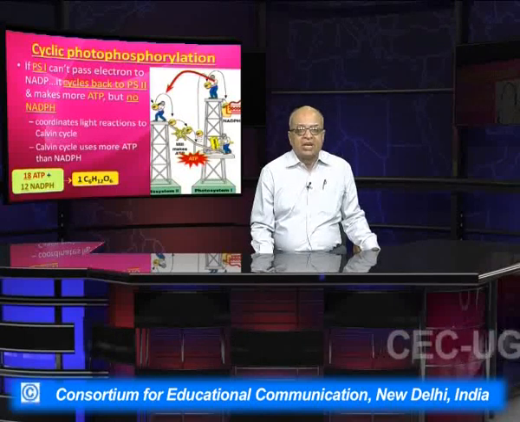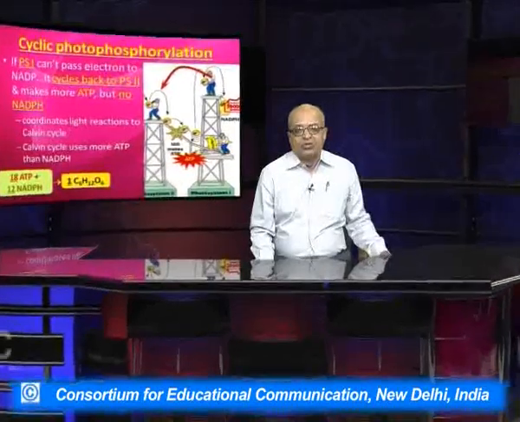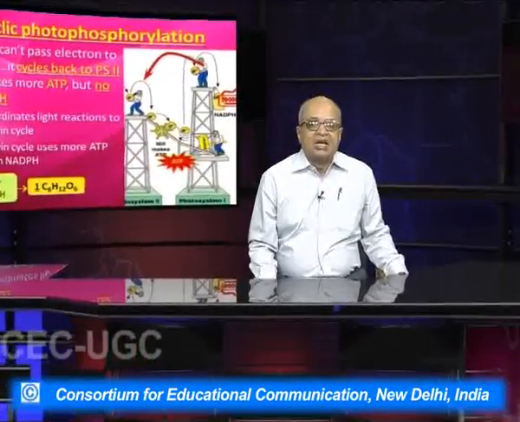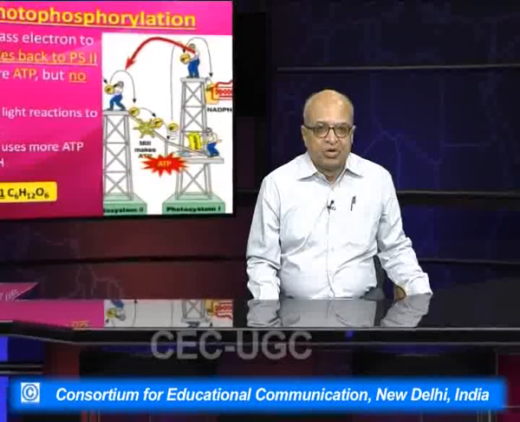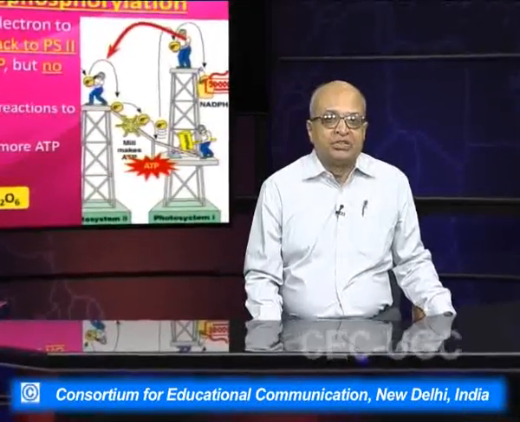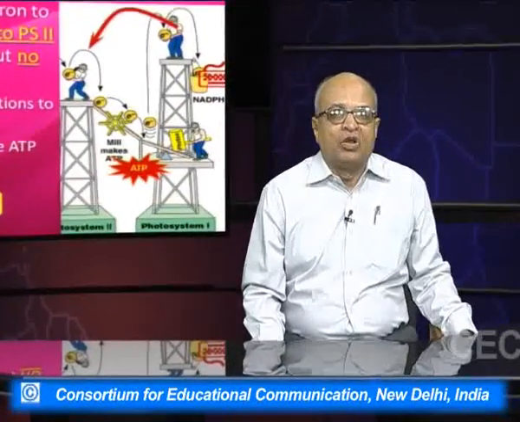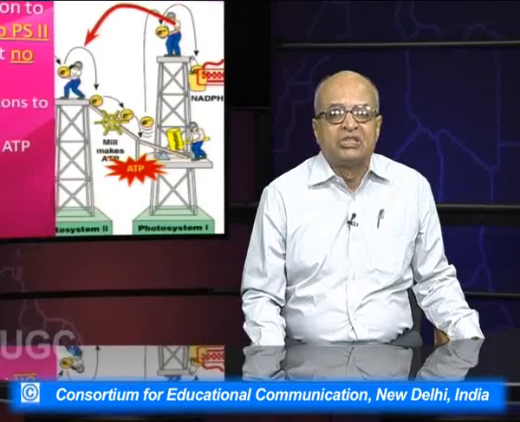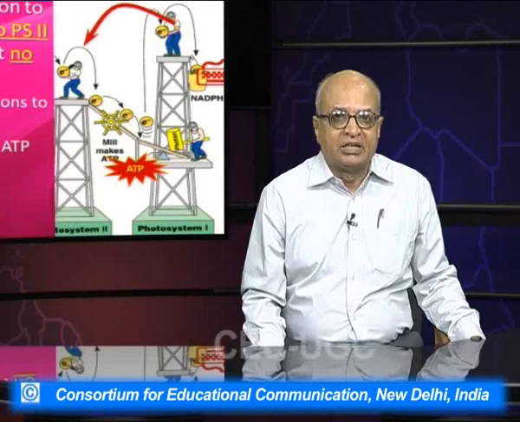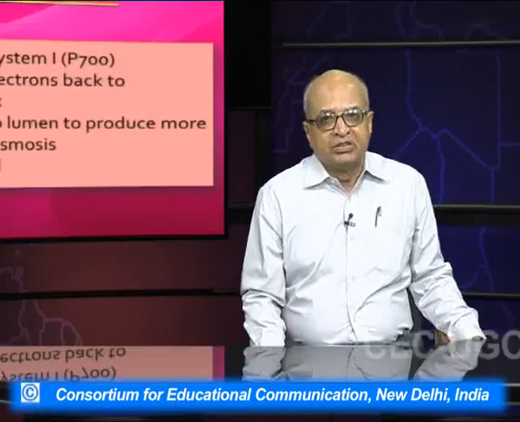The Calvin cycle itself is going to use more ATP than NADPH, because if we see the equation, it is 18 ATP versus 12 NADPH. So, there are situations where, if the desired wavelengths are not available, then only cyclic photophosphorylation ensues.